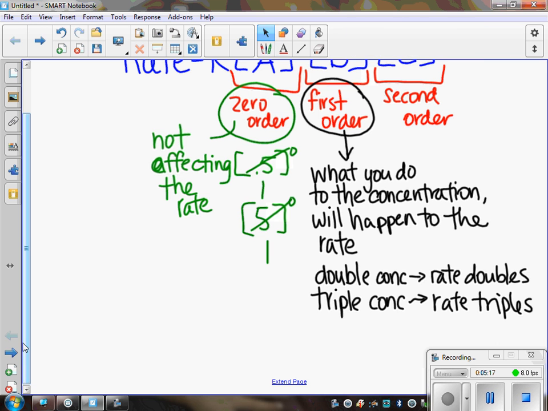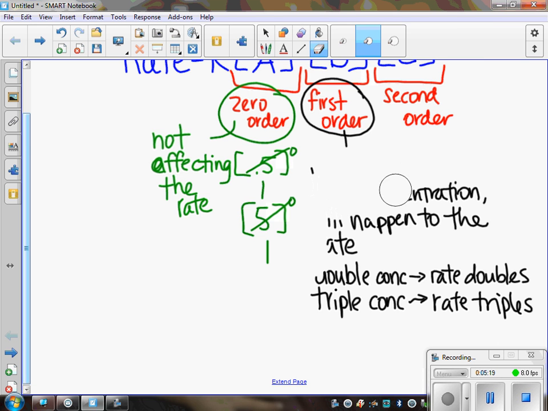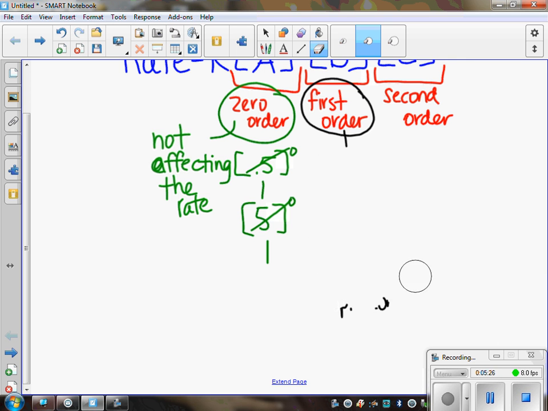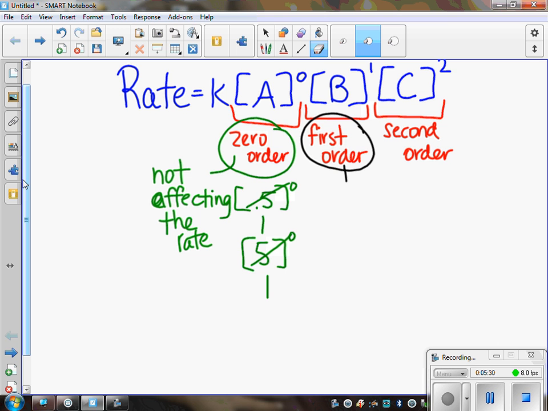Now, let's talk about second order. If we talk about second order, you can envision this like squaring, which essentially is what you've got, right? Because you've got an exponent of a 2. So what happens with second order? I'll write this out too.